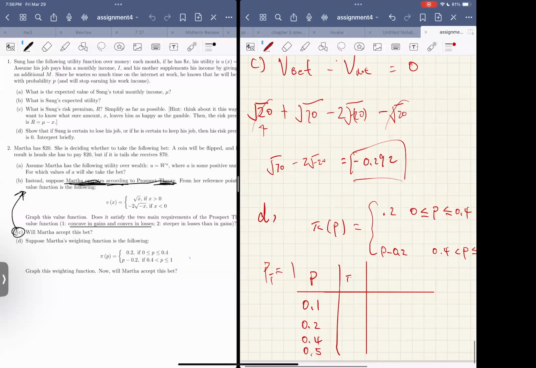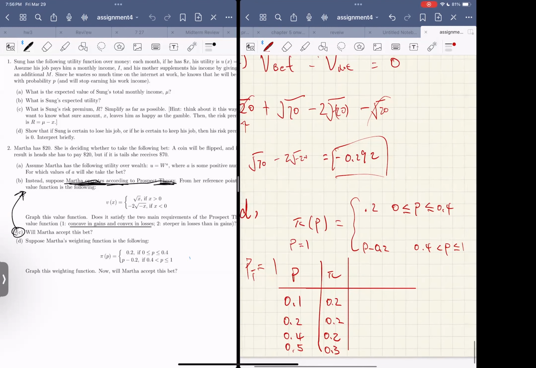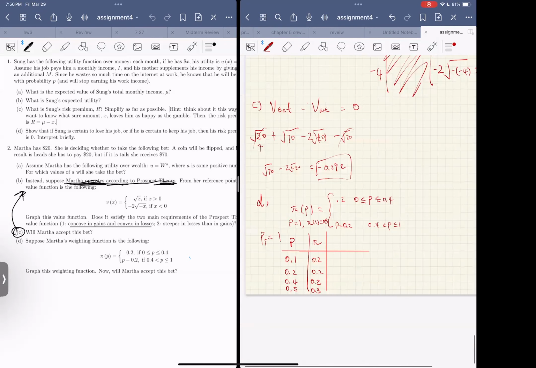So pi equals what? If p equals 0.1, it's 0.2. If it's 0.5, it's 0.3. If p equals 1, then pi of 1 equals 0.8. Okay, we have all the points.